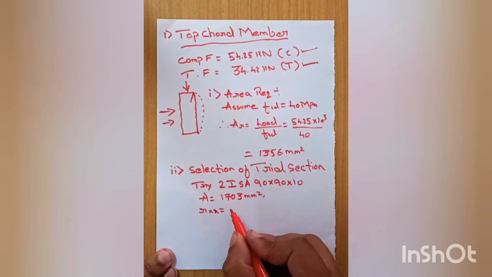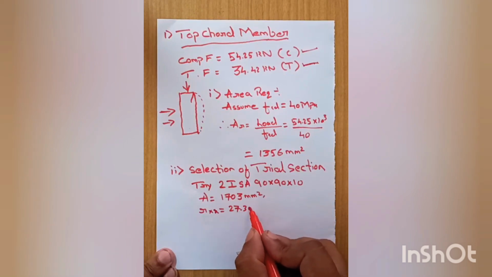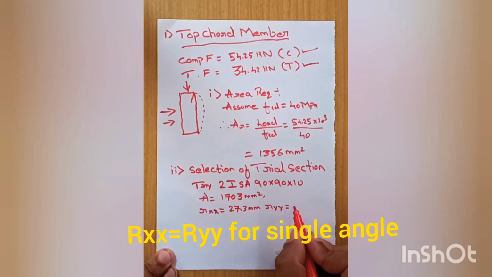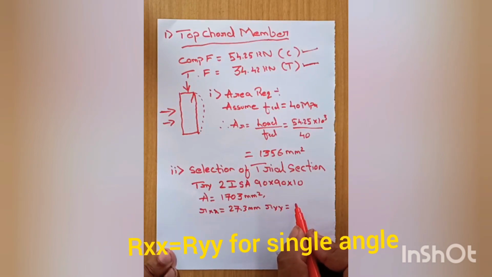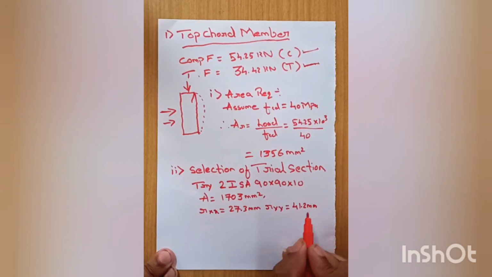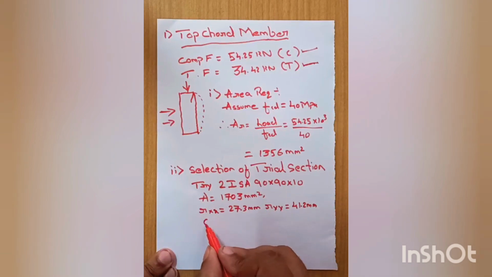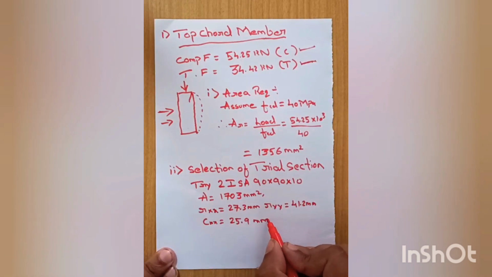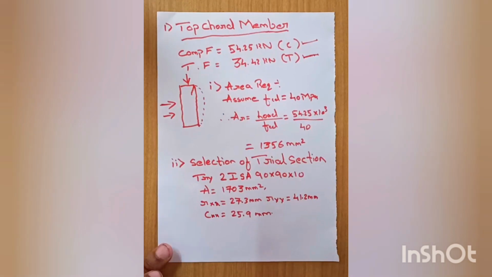RXX is 27.3 mm. RYY is 41.2 mm. CXX is 25.9 mm.